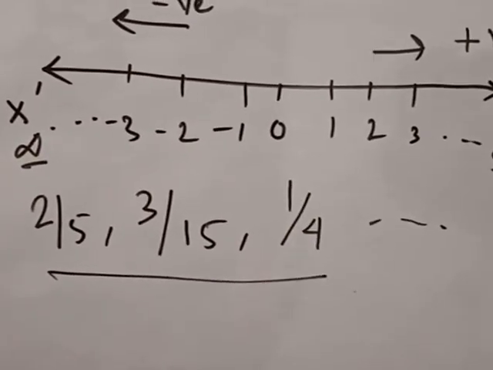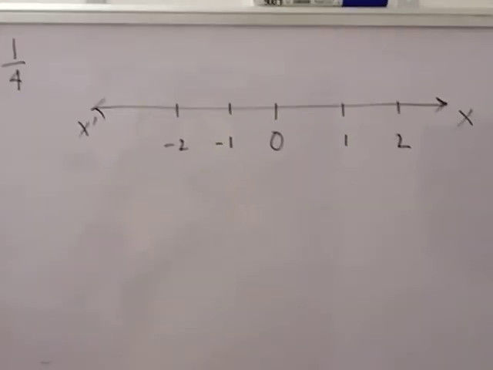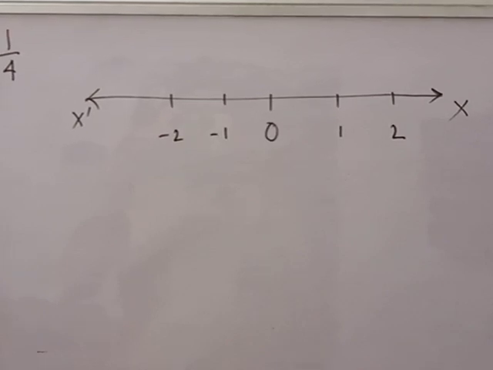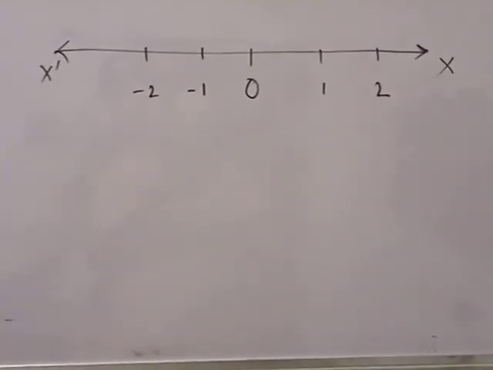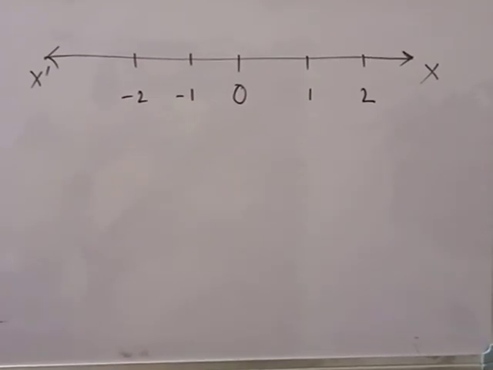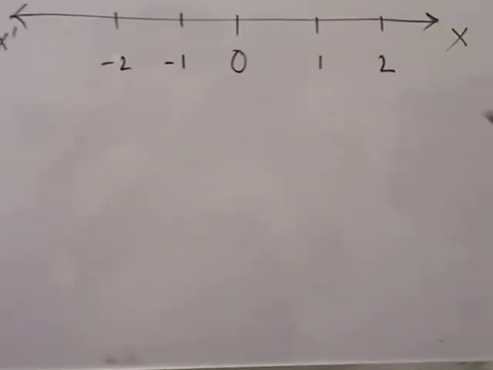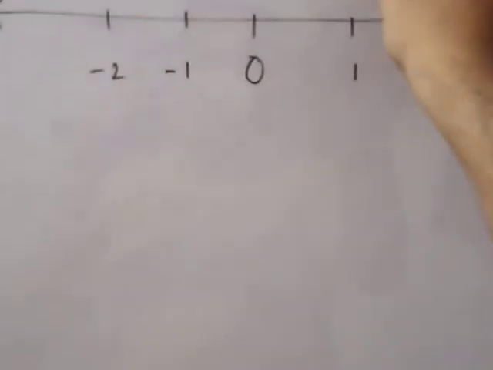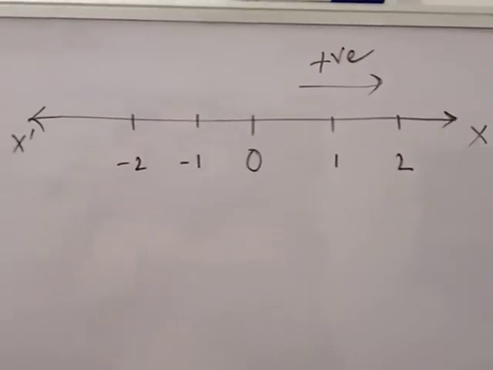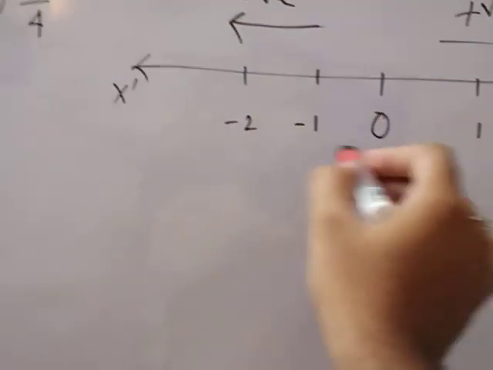Now see that, here we express 1 by 4 in the number line. In the line given, the right hand side is x, that means OX is the positive side and the negative side is OX dash.